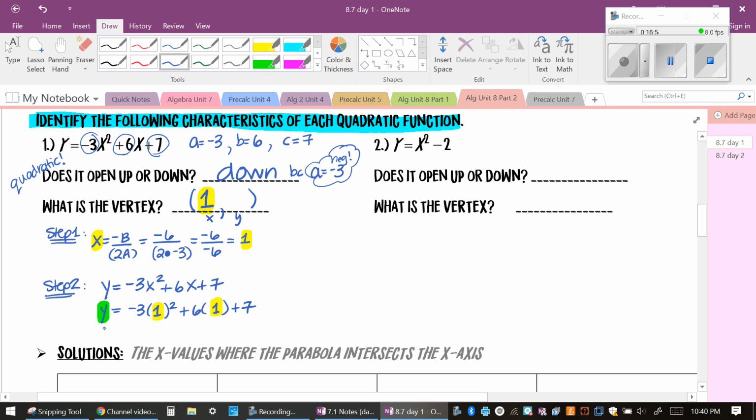Put this in your calculator or do it in your head, and you should get 10. If you didn't get 10, double check it on your calculator: negative 3 times 1 squared plus 6 times 1 plus 7.